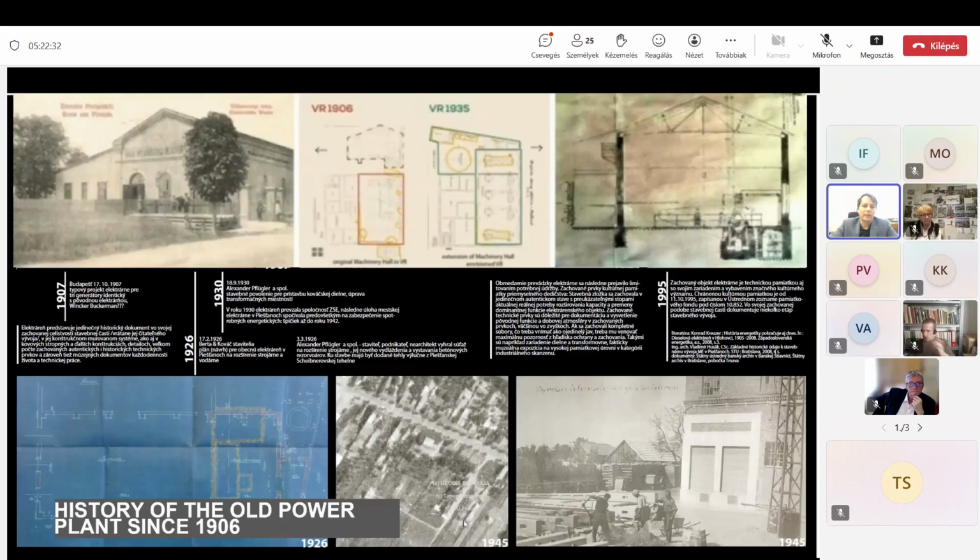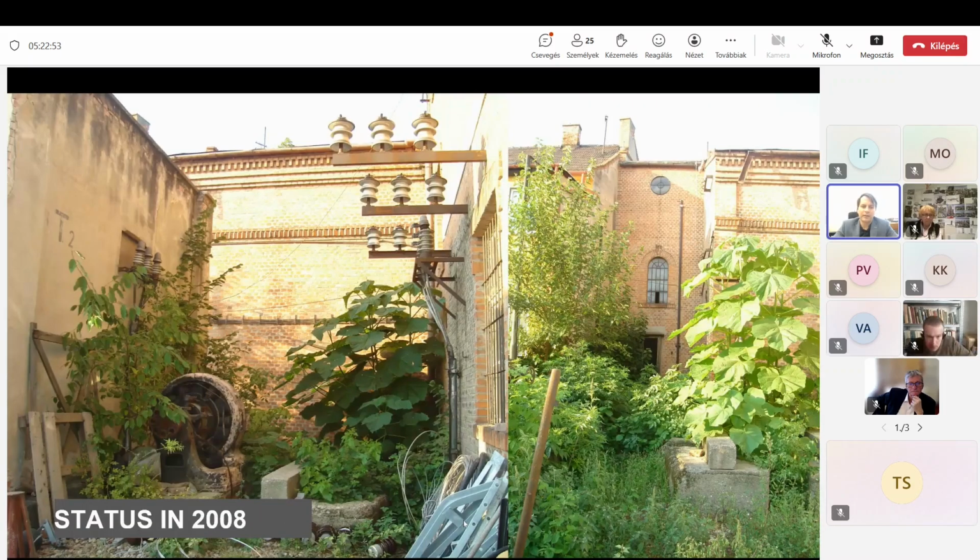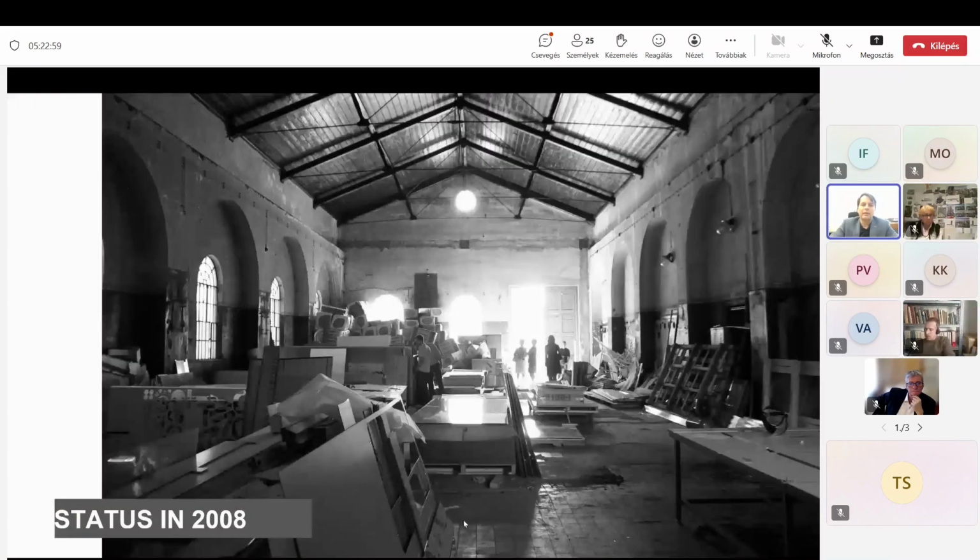During the reconstruction process, since 2020, we also started cooperation with Associate Professor Eva Kralova on archive research. We gathered much information about the history of the building and its current status in 2008. You can see it here.